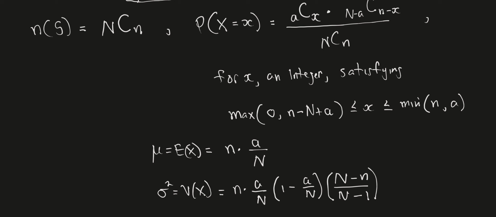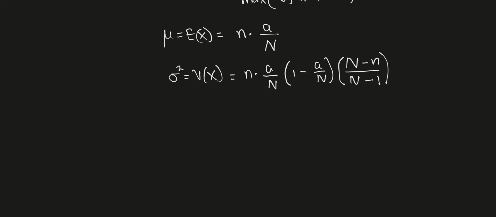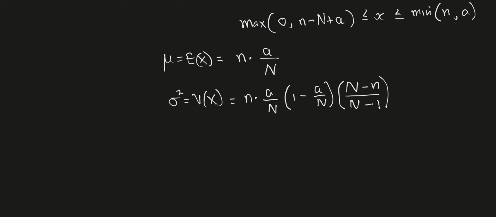All right, so let's scroll down here. What I'll do is not necessarily do a story problem. Let's just state that it's a hypergeometric, give you some values, and then we'll compute some probabilities, and then maybe the expected value and the variance and possibly the standard deviation, right?